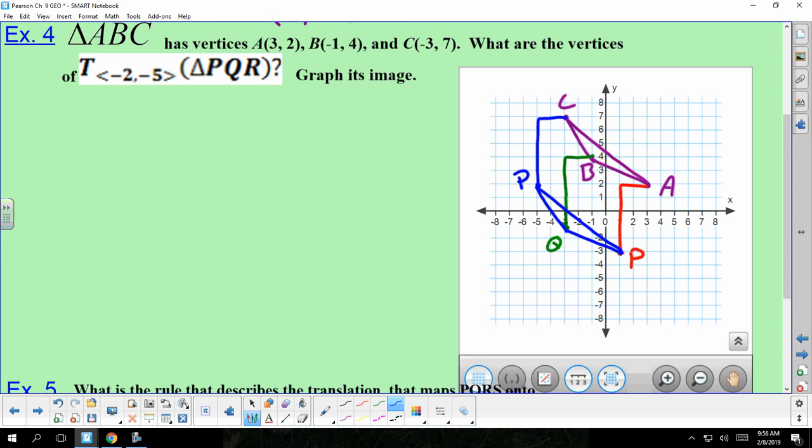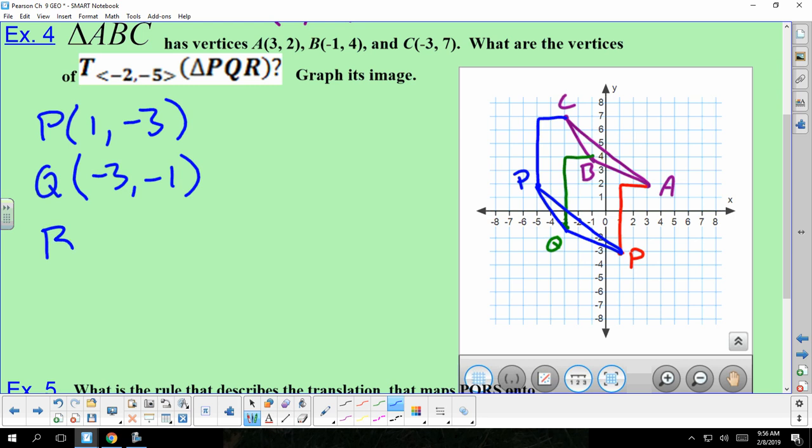Now let's go ahead and write the vertices of these. So P is 1, negative 3. Q, negative 3, negative 1.